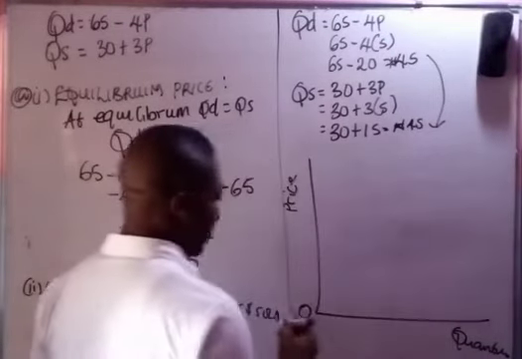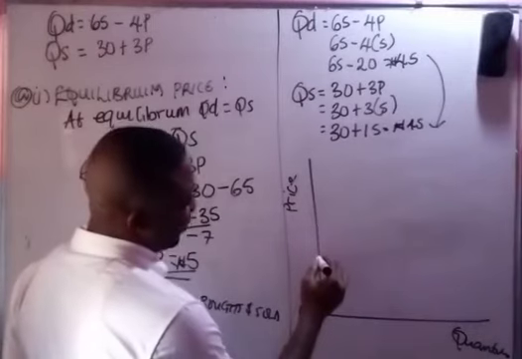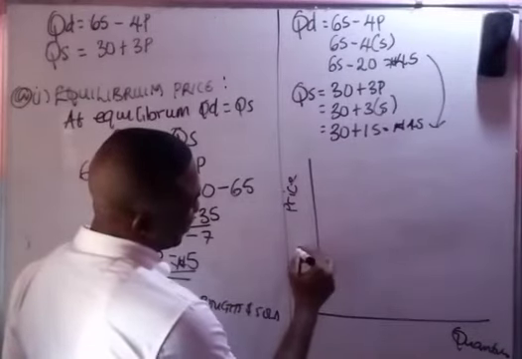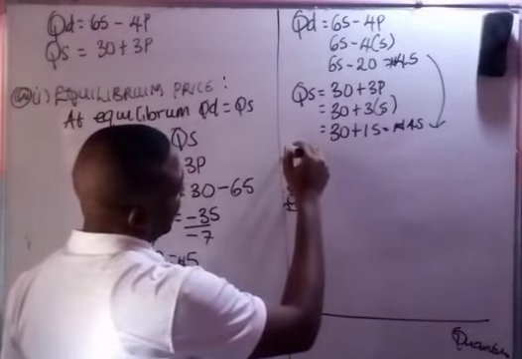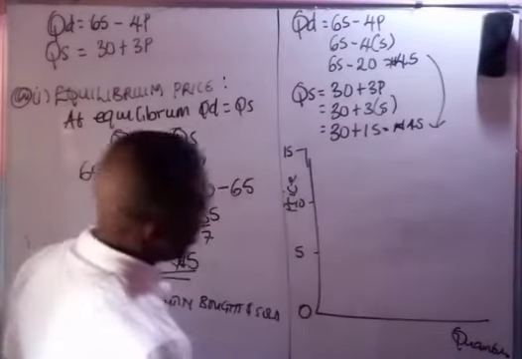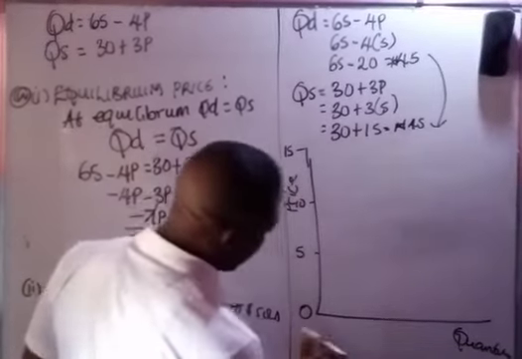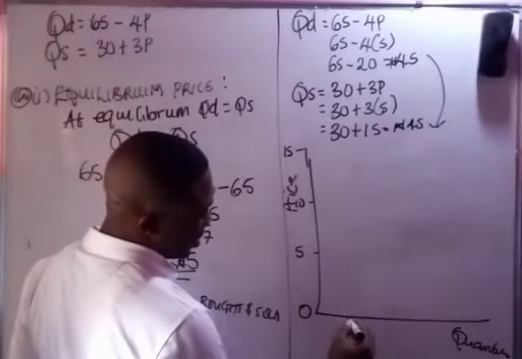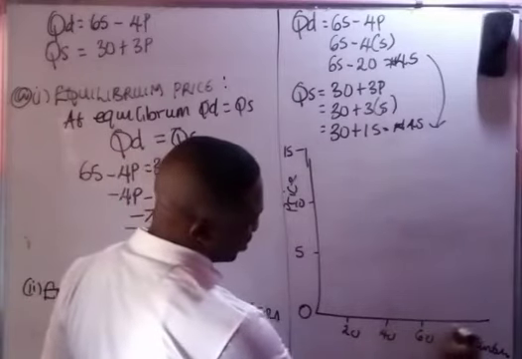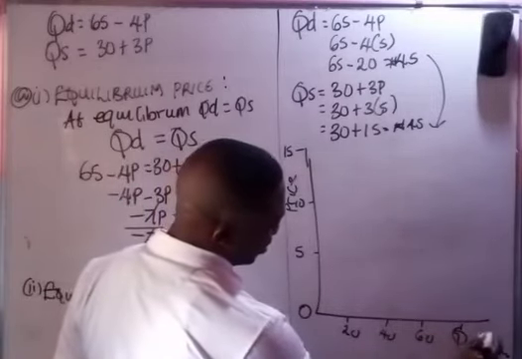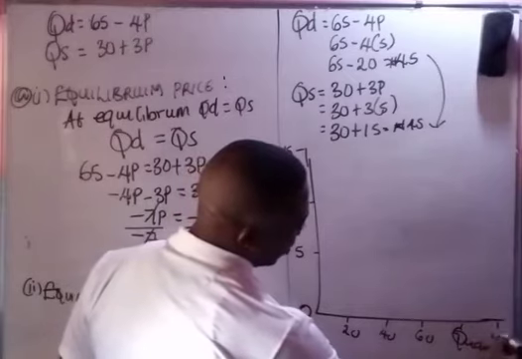axis. So if our prices are in the range of 5, is 10, this is 15 naira. And our quantity in the range of 20, is 40, is 60, is 80, and is 100.